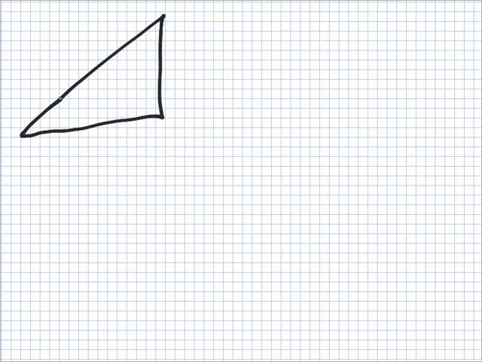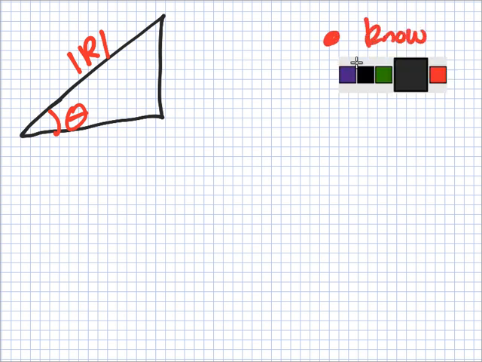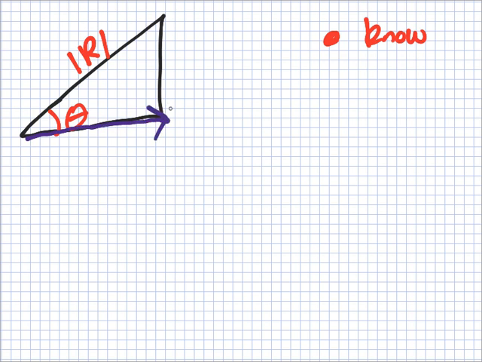Okay, so in red, we'll call this magnitude and this is direction. And the red is what we know. And what we want is this and this, which I'll call x and y. Okay?